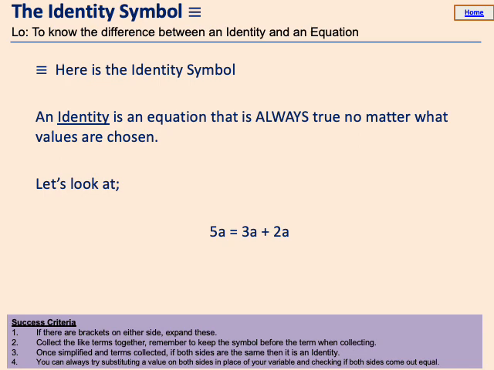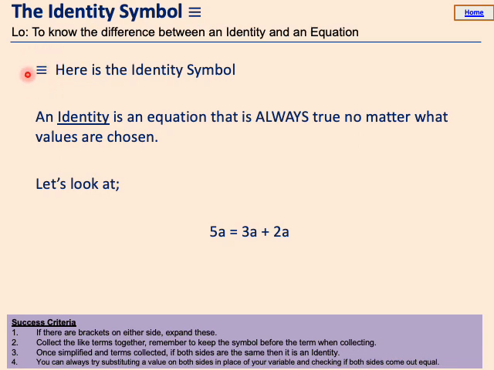Okay, so let's get on to looking at an identity. So we can see the symbol here at the top of the page. The way I like to think about it is it looks like an equal sign, except there's another horizontal line. So the way that I remember that this is different from equals is, it's even more equal.